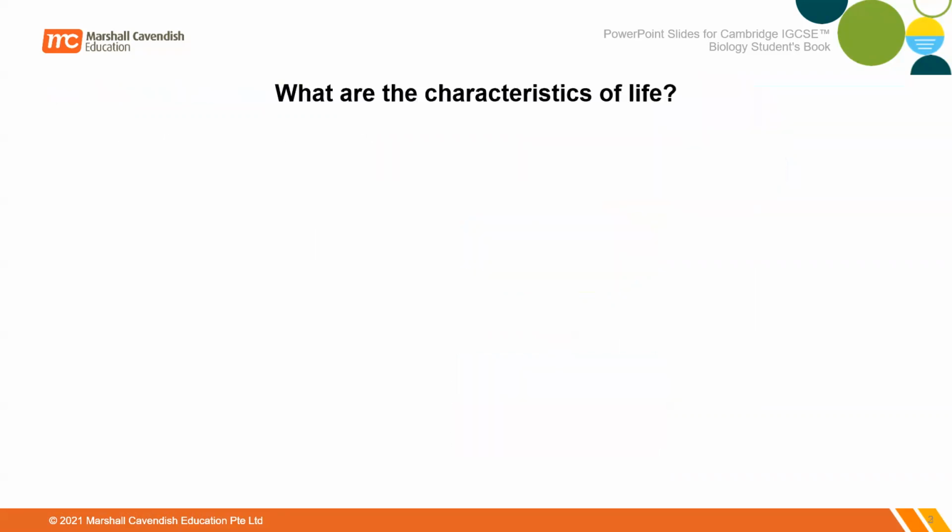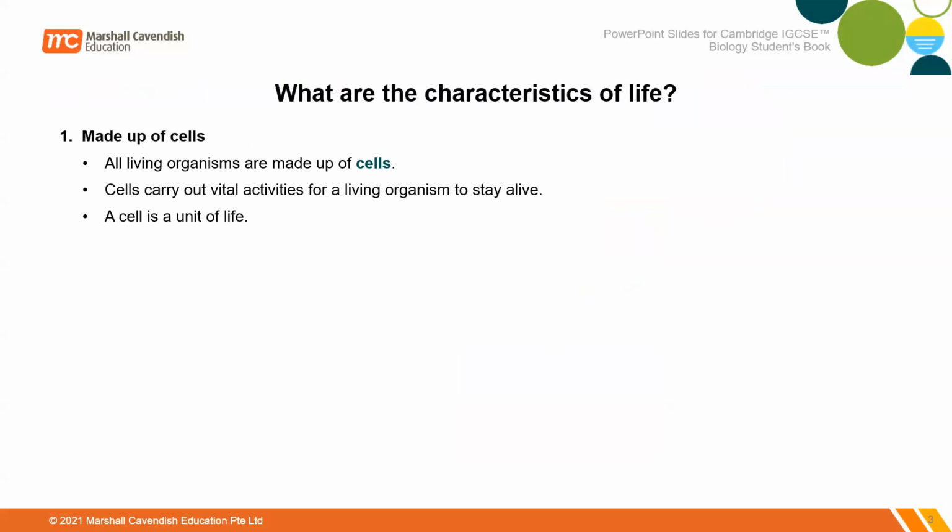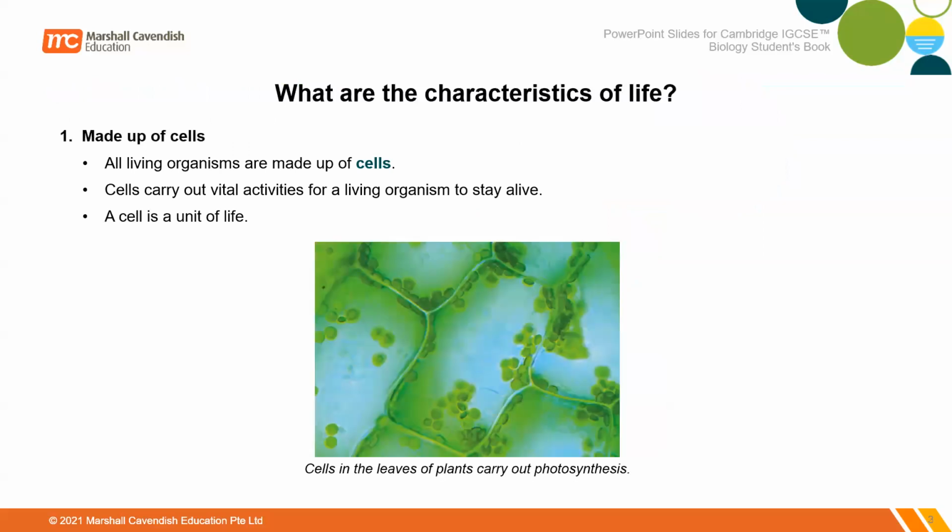in order to remind you what the 7 characteristics are. The first one, and I cannot say it is one of the characteristics, but all biologists around the world said that in order to say that we have a living organism or not, the living organism should be made up of cells. So we cannot consider this as one of the main characteristics.